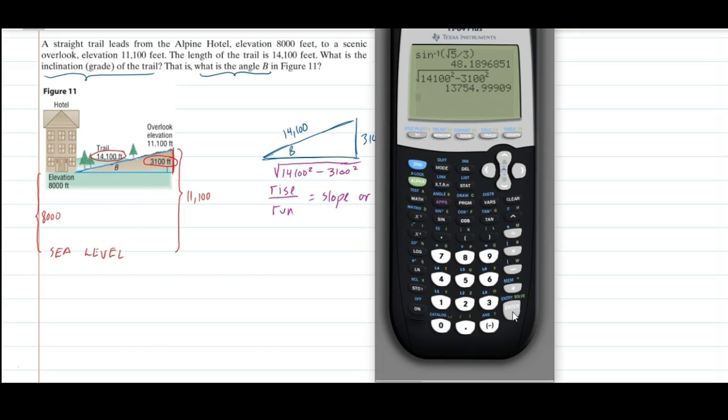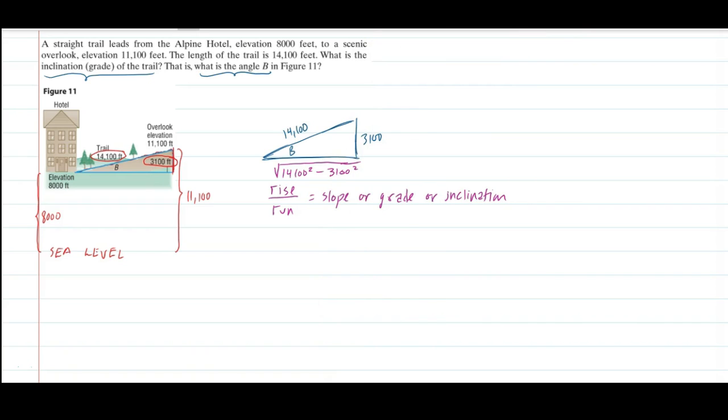So let's call it 13,755. Okay, so that third side is 13,755 feet.